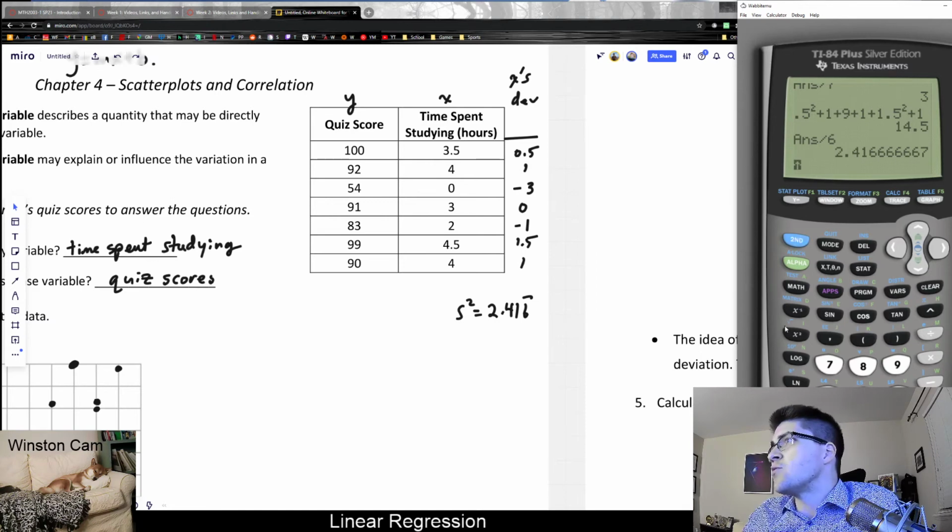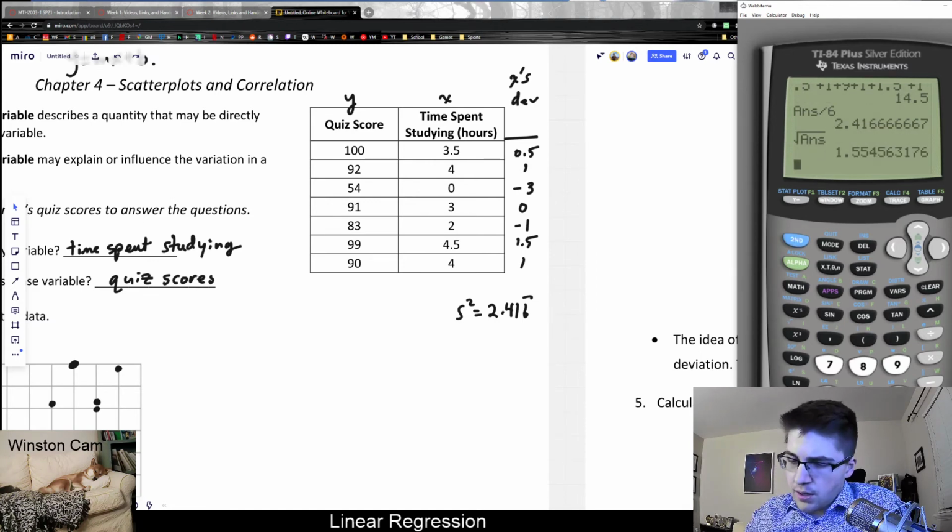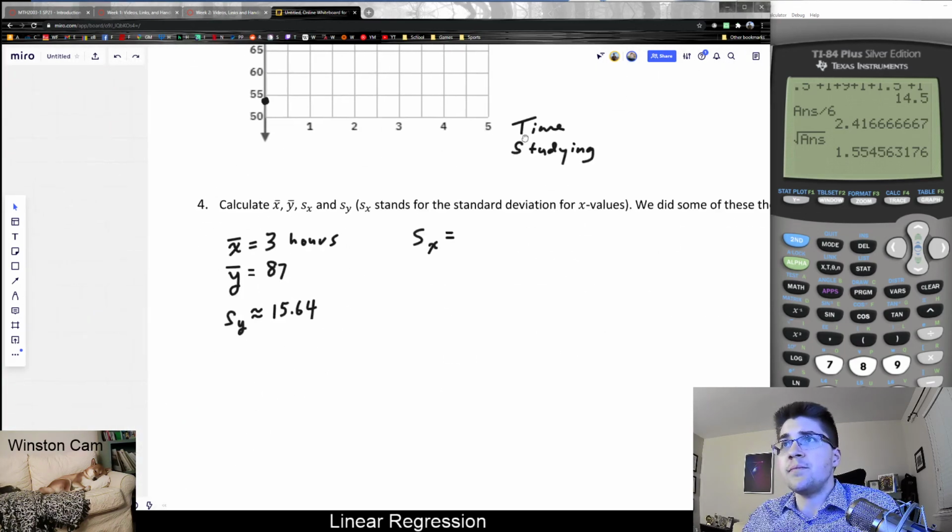And then if I take the square root of that, I would get the standard deviation for the variable X here, which is approximately 1.55. Let's go ahead and note that below. So S sub X is 1.55.